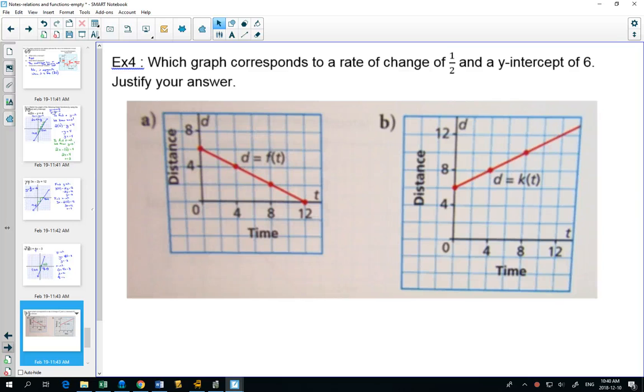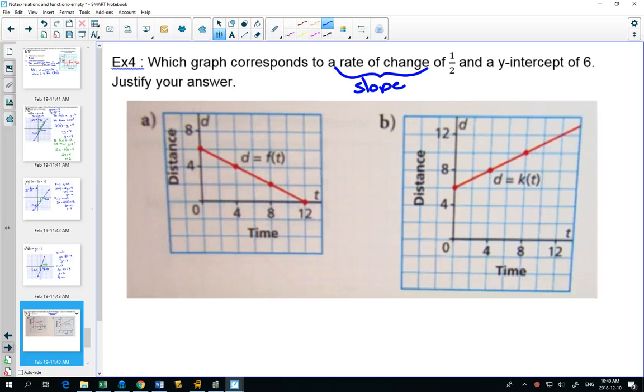Which graph corresponds to a rate of change, and remember that rate of change is another way of saying slope, of 1/2 and a y-intercept of 6? Well, they both have y-intercepts of 6.